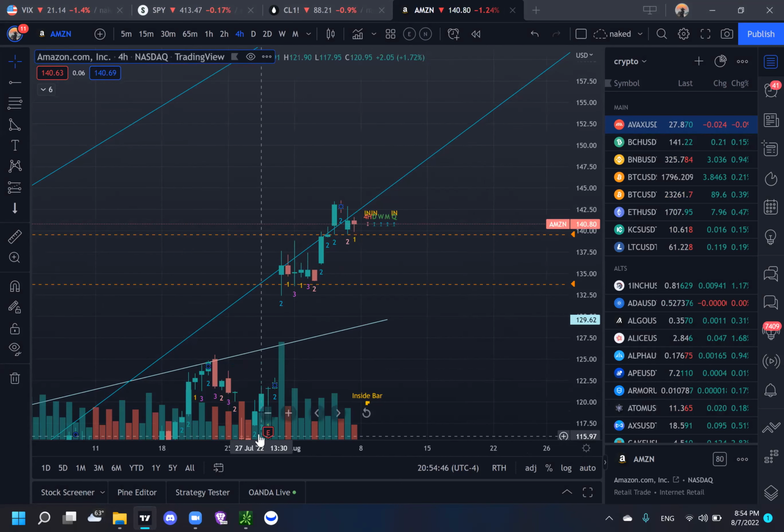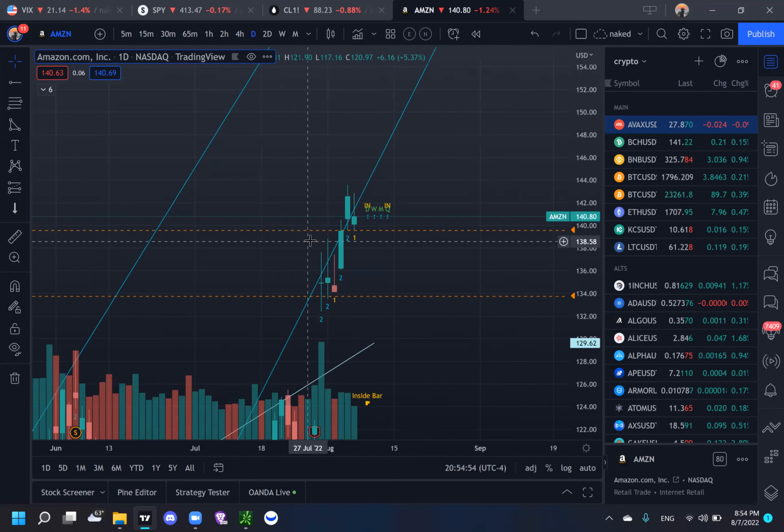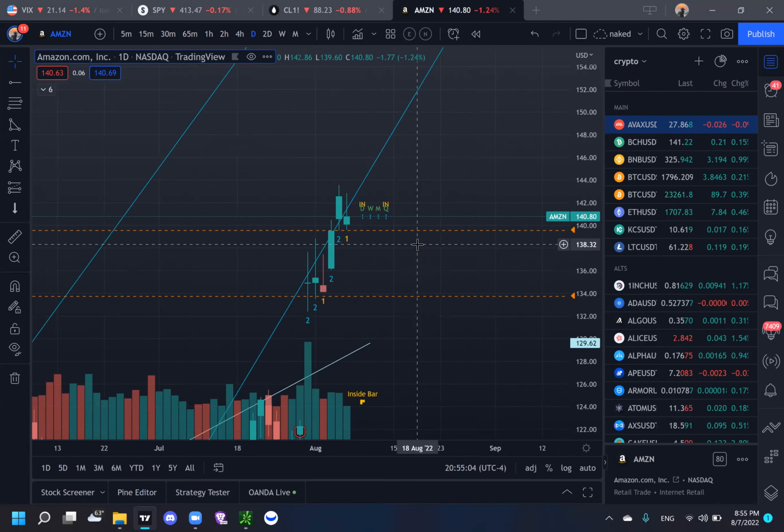You mean on the 2-1 setup? That looks good. Or on the daily? Well, even on the daily, I guess. Yeah, they saved it on Friday. They didn't pierce it down. And it's still FTFC to the upside. So that's still pretty good, I would say.